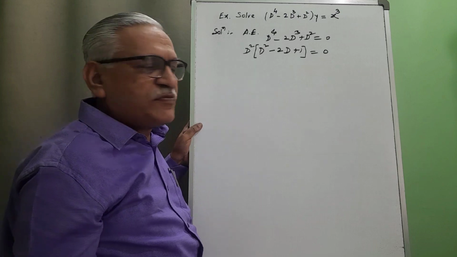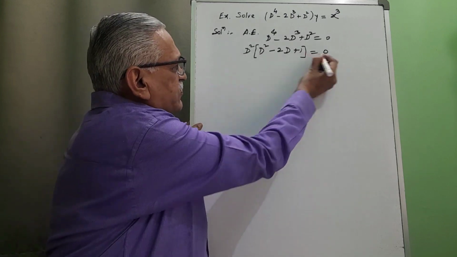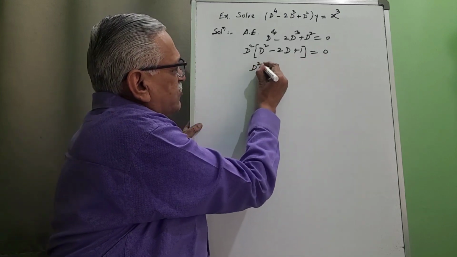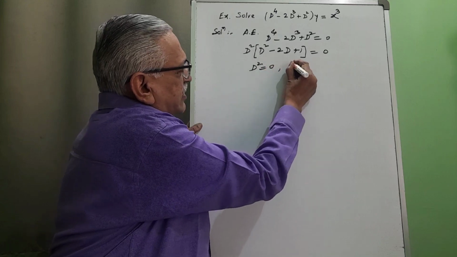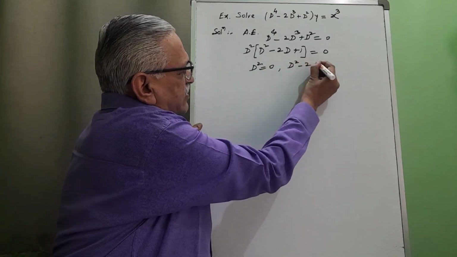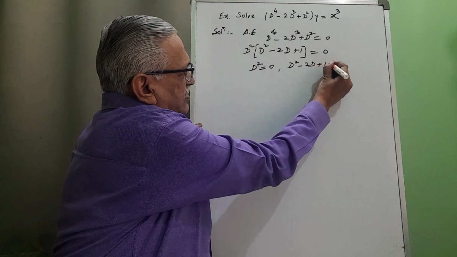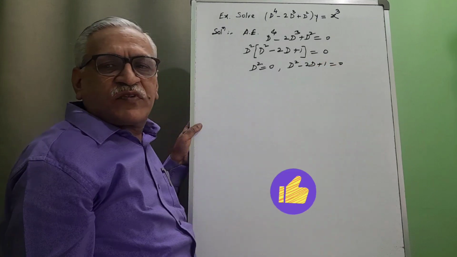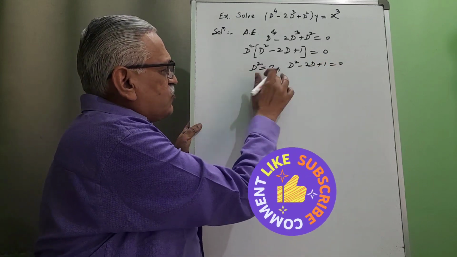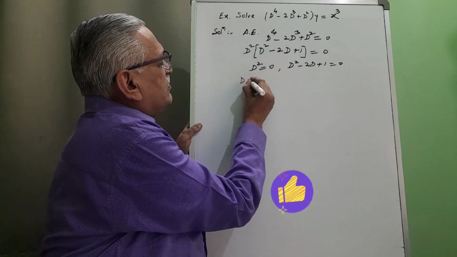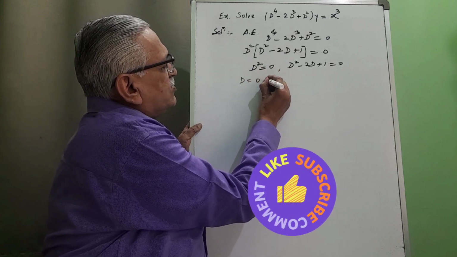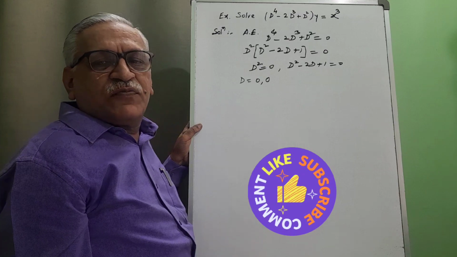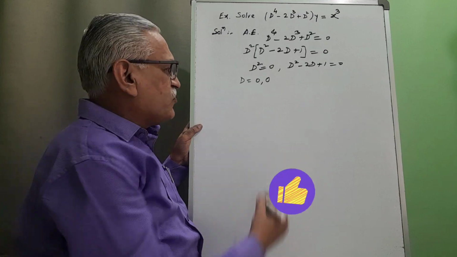A product of two terms is equal to 0. Equating each term to 0, we get D^2 = 0, and second, D^2 - 2D + 1 = 0. From the first we get 2 roots, D = 0 and 0, therefore real and repeated roots.